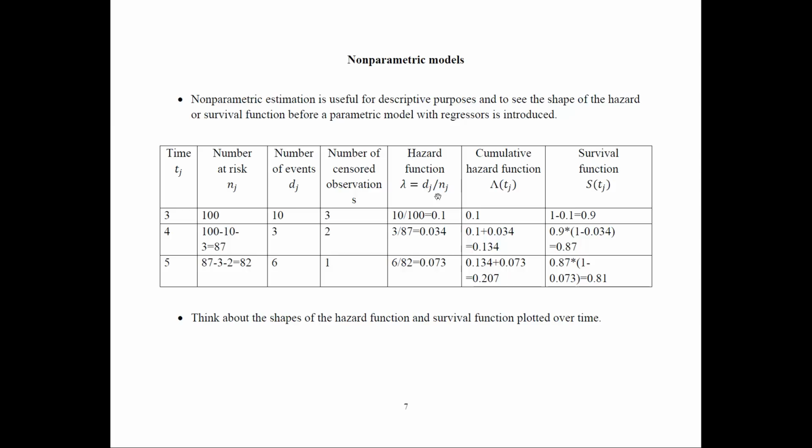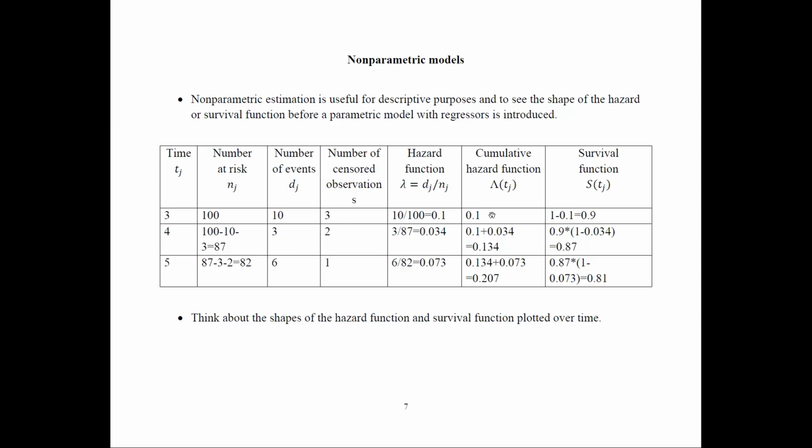And so the hazard function that we talked about, lambda, would be equal to dj divided by nj. So we would have how many subjects the event happened or the failure happened divided by the total number of subjects that are in the pool or at risk at that time. So that would be 10 divided by 100, and that would be 0.1. So 10% of the sample at that time experienced failure.